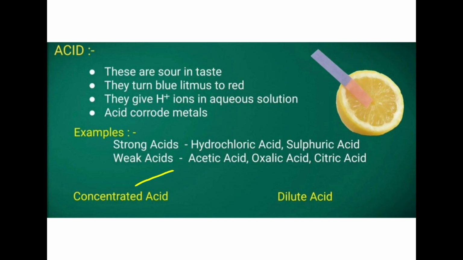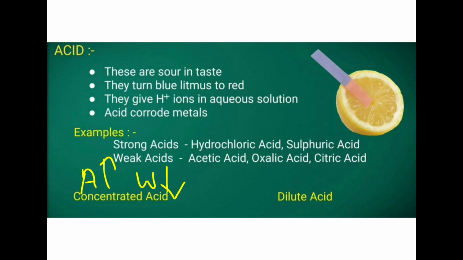Next we have to understand about concentrated acid and dilute acid. So what is concentrated acid? Those acids in which the acid concentration is high and the water concentration is very less. So this is the concentrated acid.